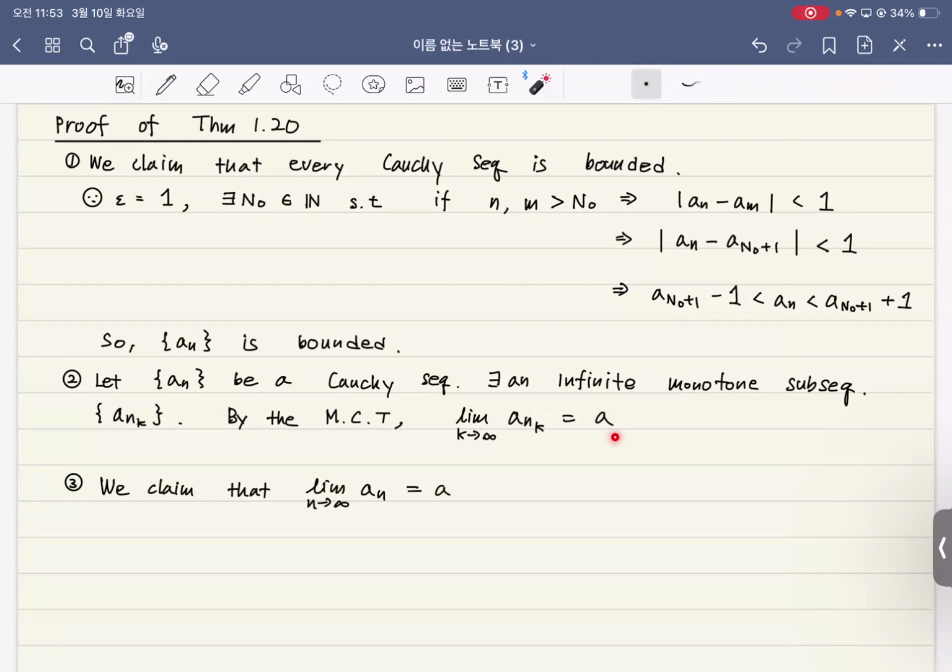Lastly, this A was defined to be the limit of this infinite monotone sequence. But here, what I'm supposed to show is that the limit of the original sequence is the same as the limit of this infinite monotone subsequence.